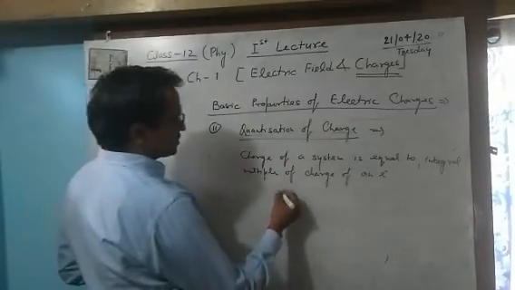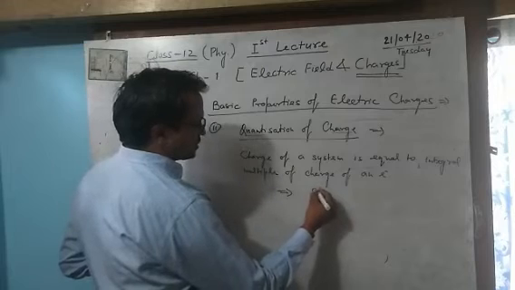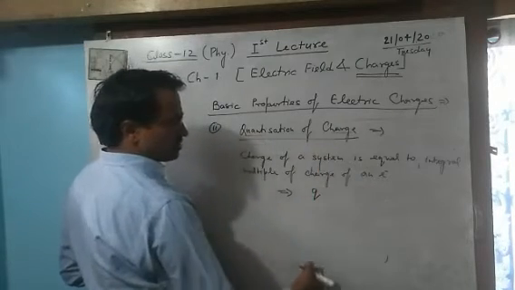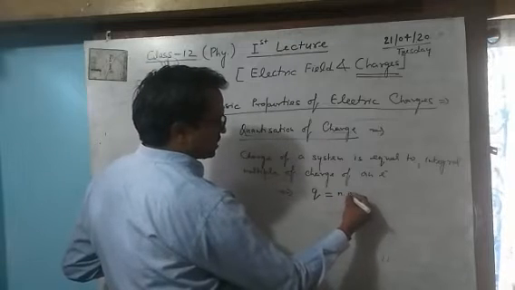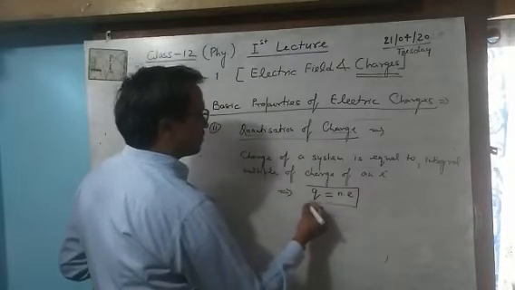This means we can say charge of a system is integral multiple of charge of an electron.